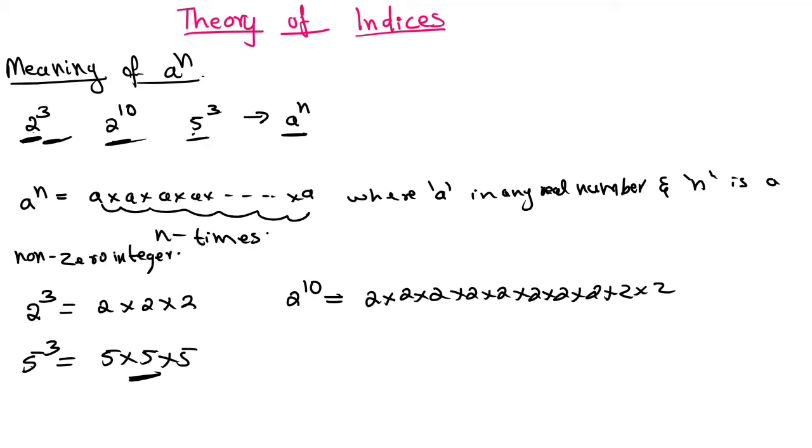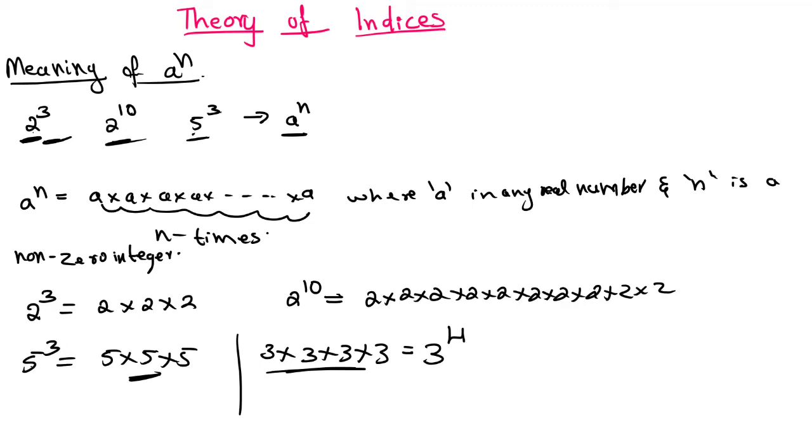Clear? Now suppose 3 into 3 into 3 into 3 is given. Write this in a to the power n form. You are multiplying 3 how many times? 1, 2, 3, 4. So you can write it as 3 to the power 4.